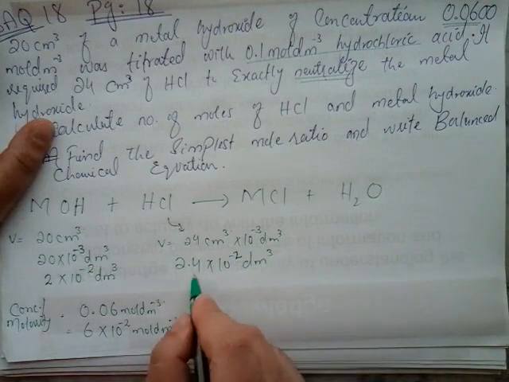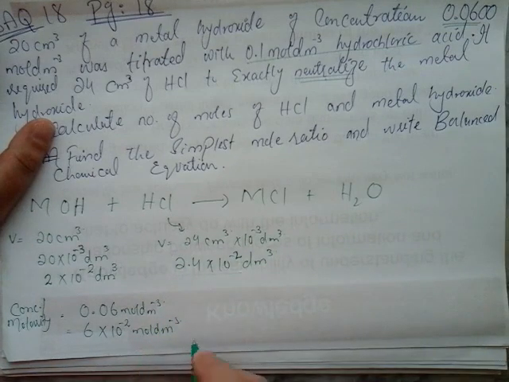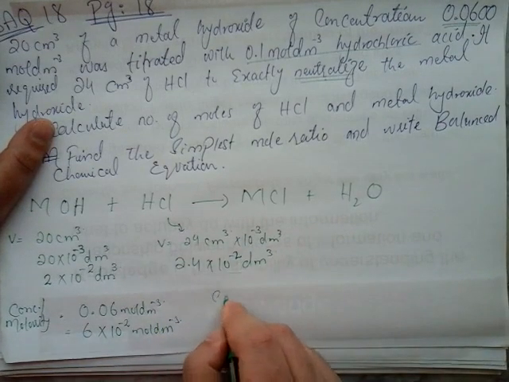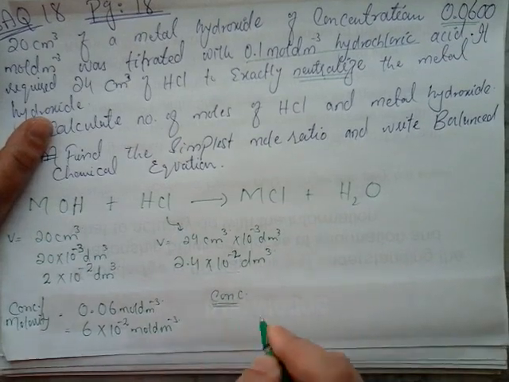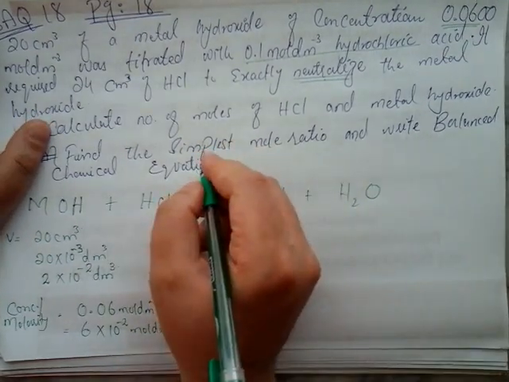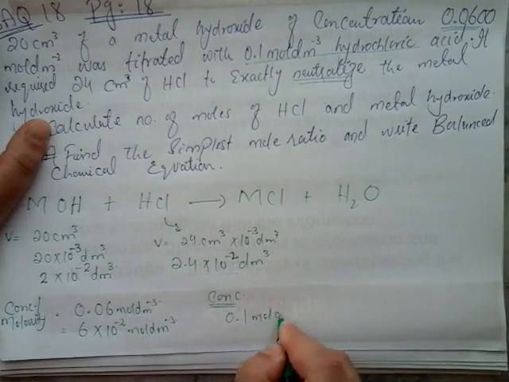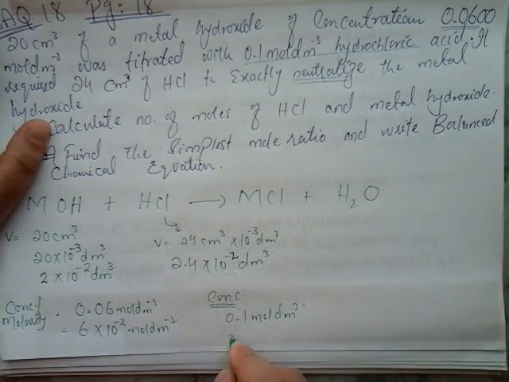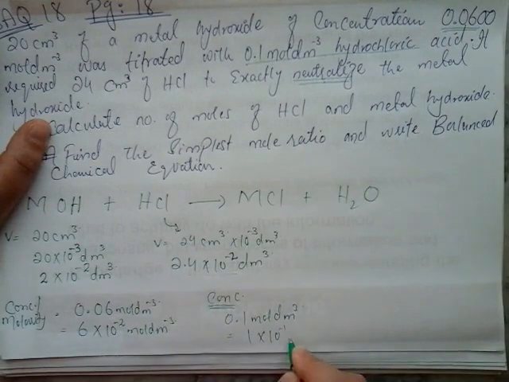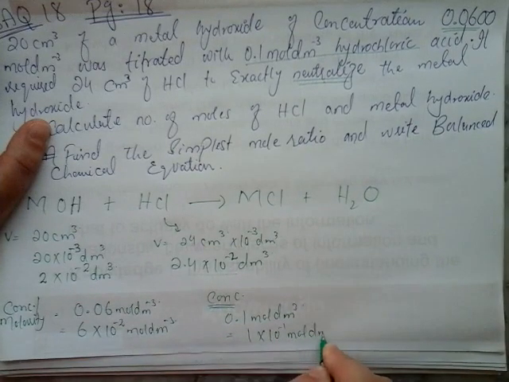This is the overall volume of the hydrochloric acid. In the same way, the concentration of hydrochloric acid is 0.1 mole per decimeter cube. I can also write this as 1 into 10 raised to power minus 1 mole per decimeter cube.